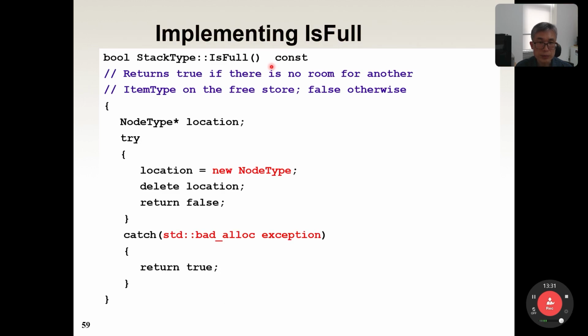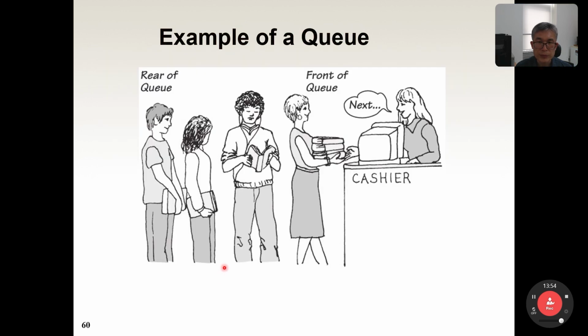And for is full, we discussed this, right: the allocation with try and catch, okay. So we try to allocate and then delete, okay, so there is no problem, the actual physical memory is not full. Otherwise this new node creation has a problem, the standard bad allocation exception is handled, and then return true.